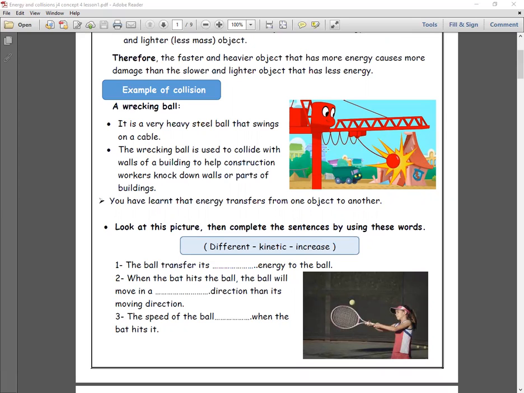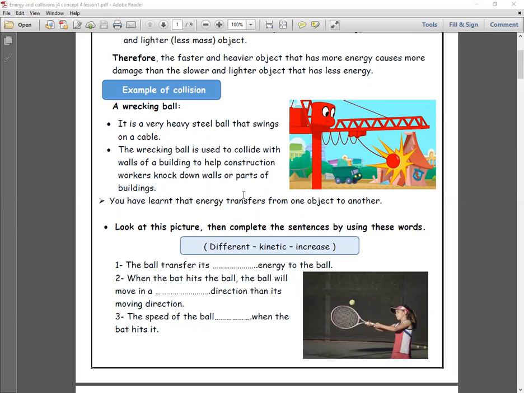It's a very heavy ball used to knock down the walls or parts of a building. If we need to knock down large buildings, instead of doing it manually, we will use this object to help us do that.